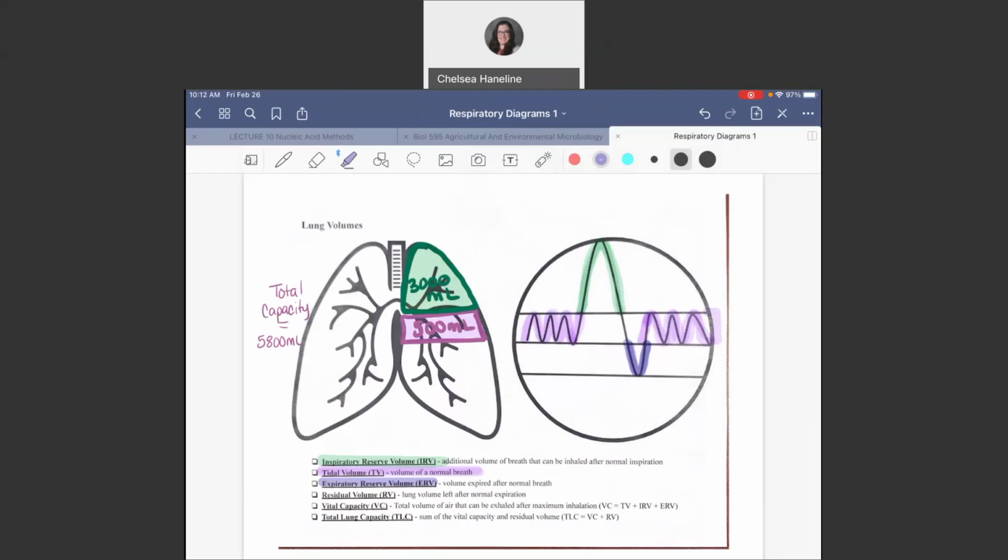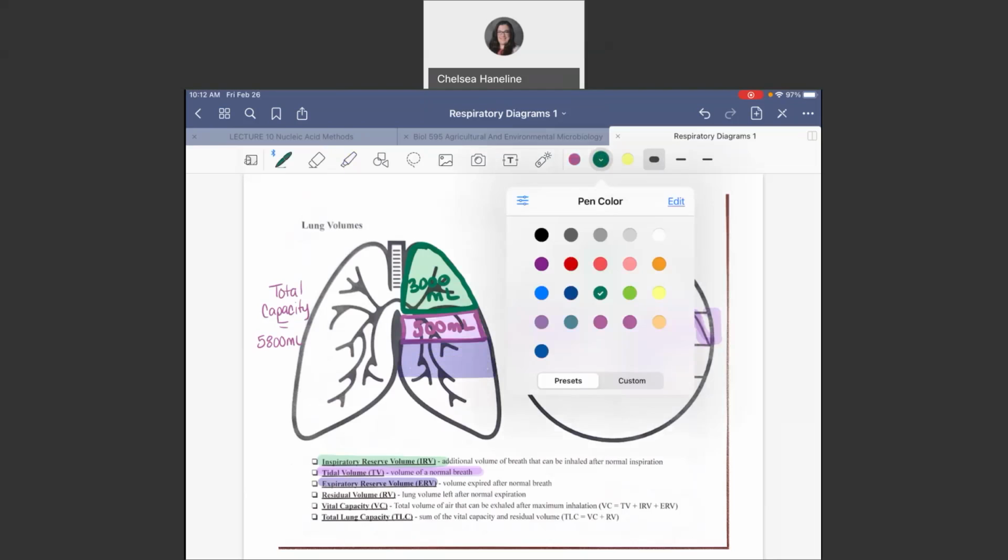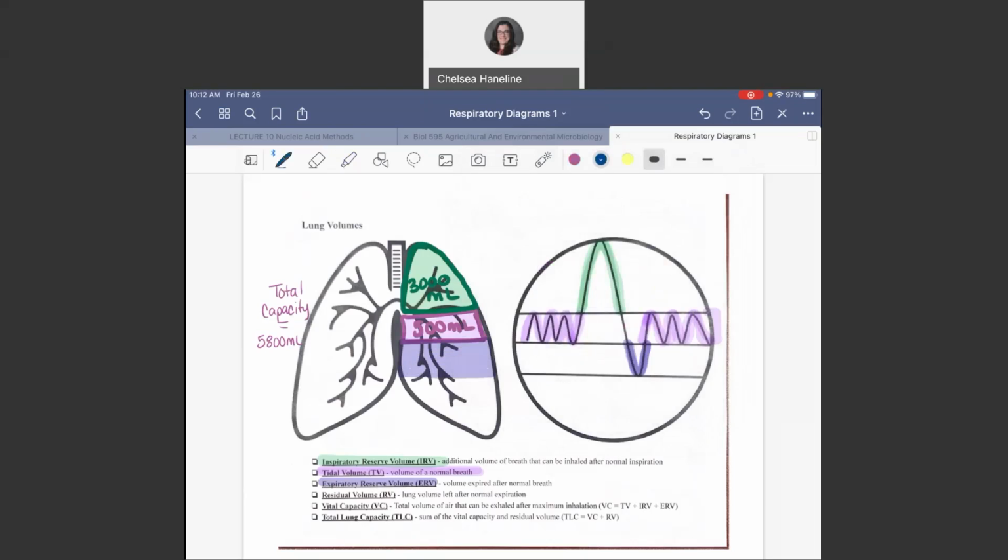And that is this next little section right here. Your expiratory reserve volume is approximately 1,100 milliliters. So this is smaller than your inspiratory. You can breathe in a lot extra than what you normally breathe in, but not quite as much when you breathe out.